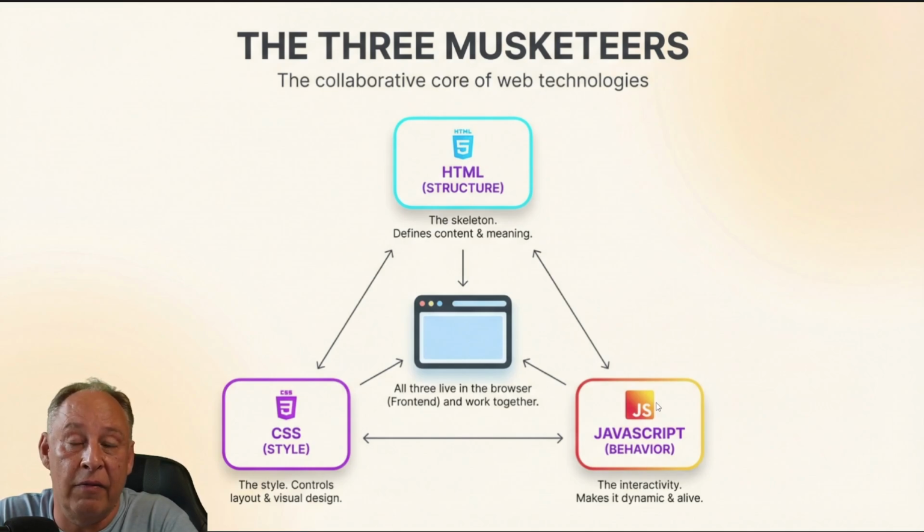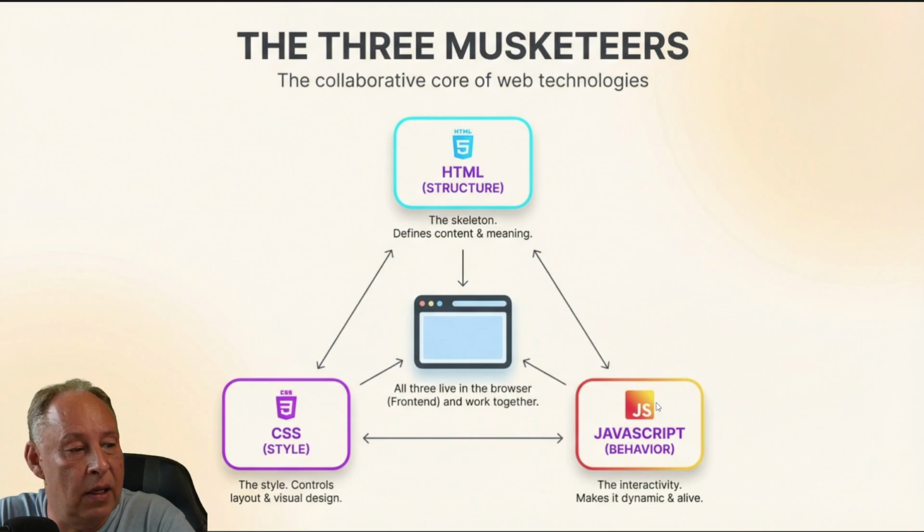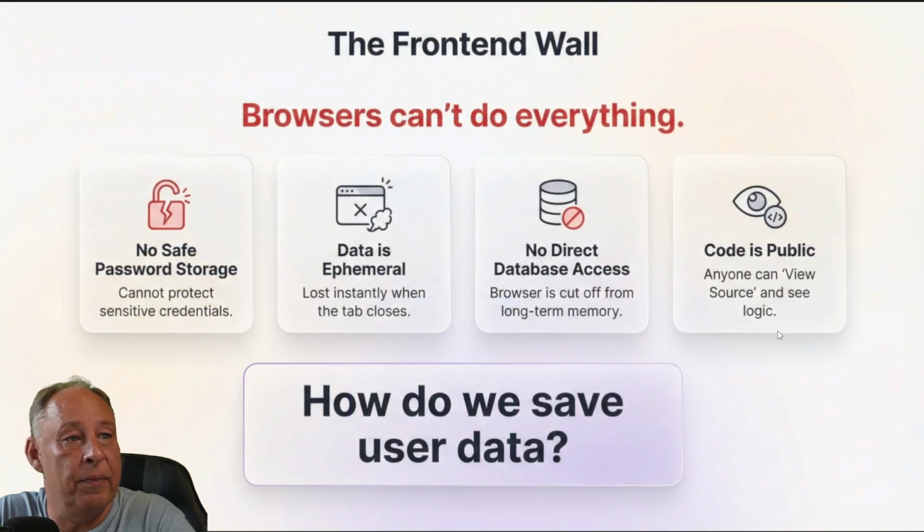Now you can have cards, you can have areas, you can place HTML overlapping other HTML and all kinds of things to make your website look great. And then, of course, we have the style sheets. All three, called the Three Musketeers, ended up creating a beautiful looking website. And this is what we call the front end.